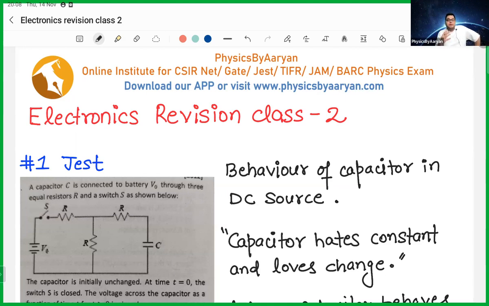But it is very important for the basic understanding of electronics. If you go to operational amplifiers and then they add a capacitor, you have no idea how a capacitor works. So you cannot directly jump to the GATE NET syllabus without covering this fundamental. Yesterday's lecture had questions from NET and other exams also, but today's questions are basically from JEST and JAM.